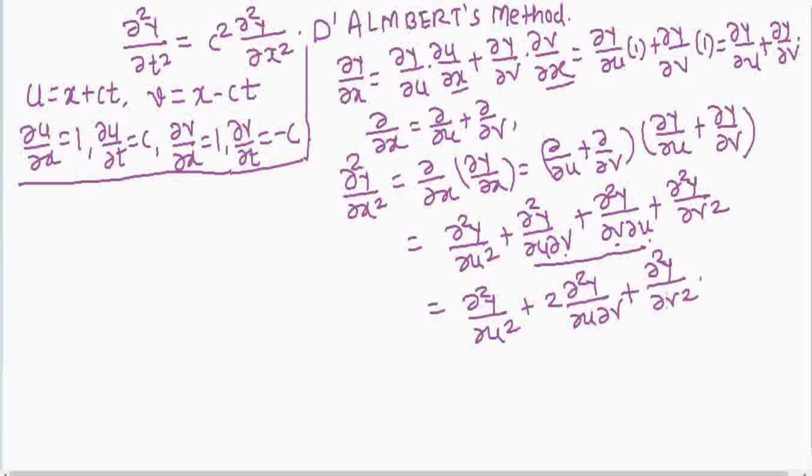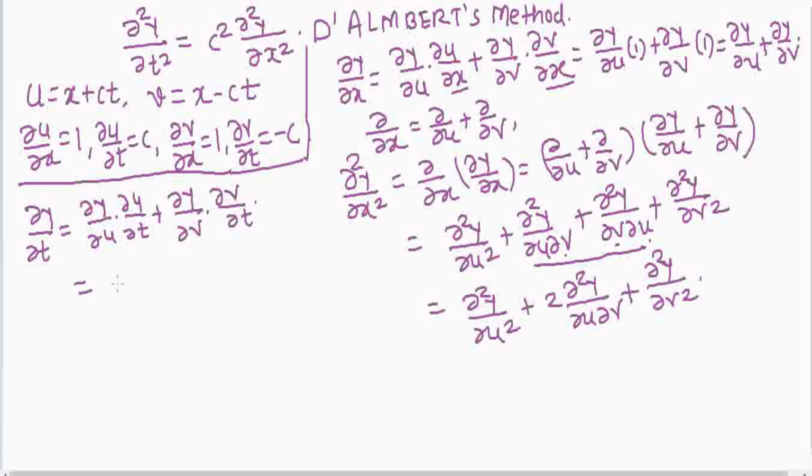Okay. Now del y by del t equal to again del y divided by del u into del u divided by del t plus del y divided by del v into del v divided by del t.